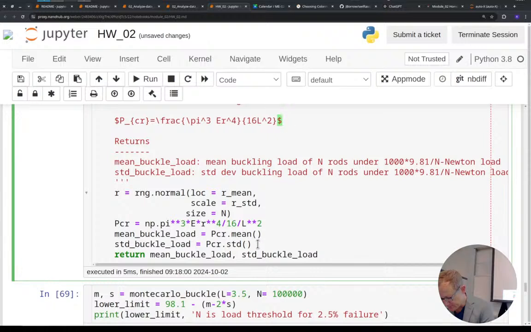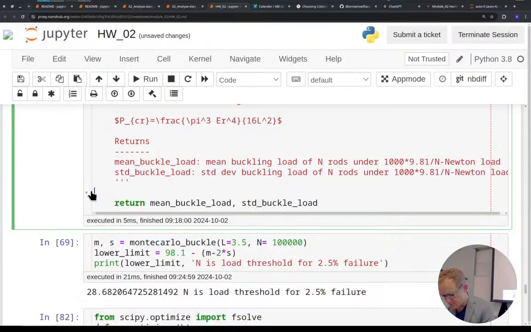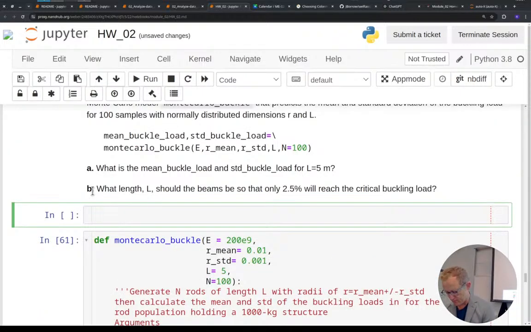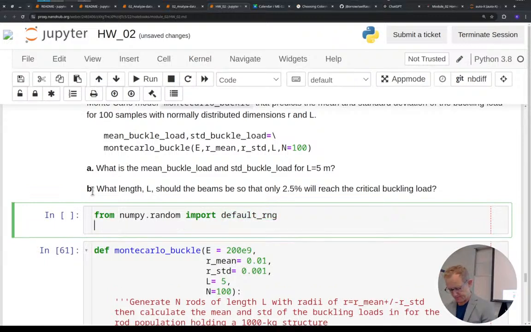And let's start from scratch. Let's do this so that we have all the same stuff. From numpy.random import default_rng. You don't need to give it anything.